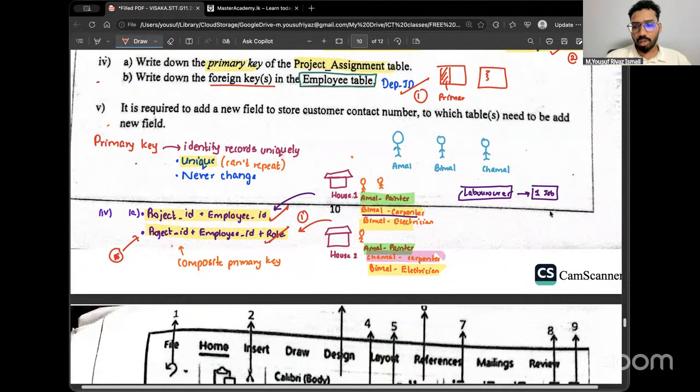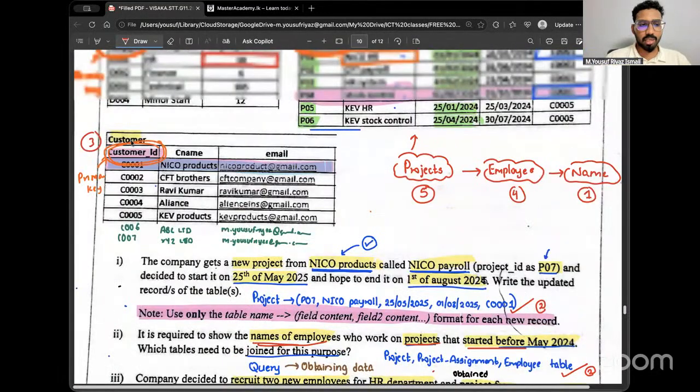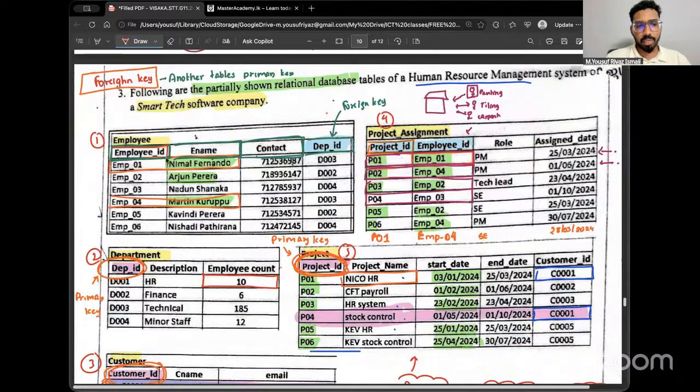Why can't we take employee ID as a foreign key? Okay, if you're taking employee ID as a foreign key, it has to be a primary key somewhere else. So tell me, in which table is employee ID a primary key? Is it a primary key somewhere, Sarah?